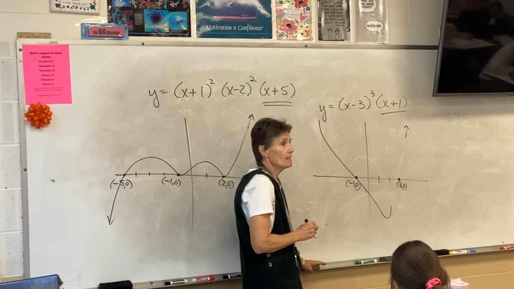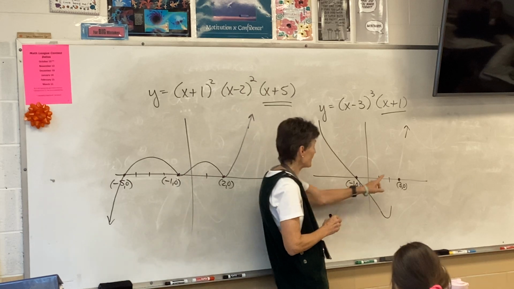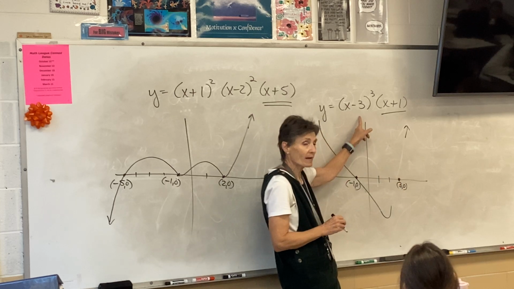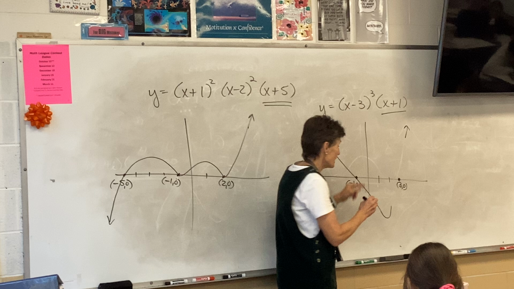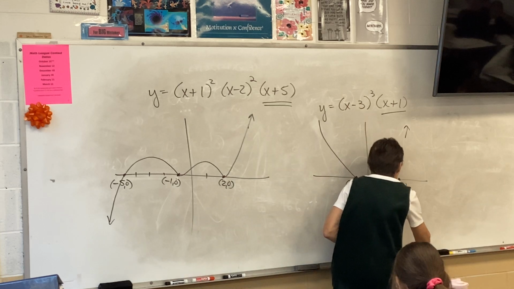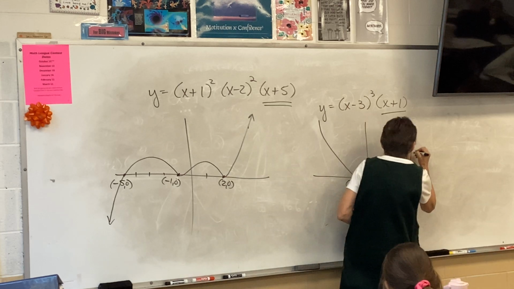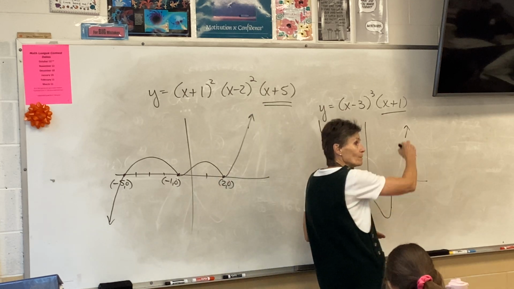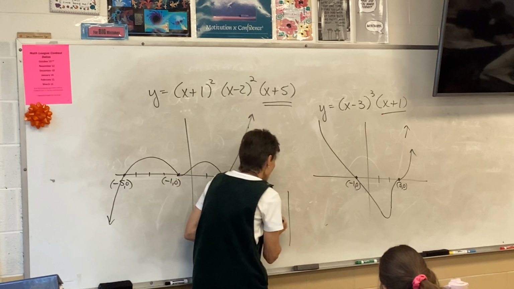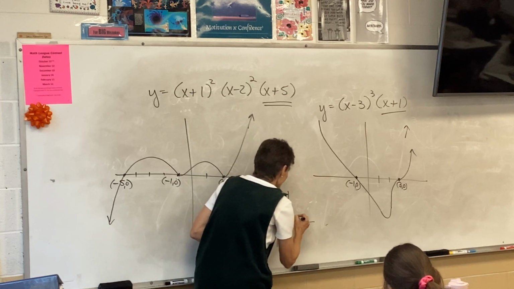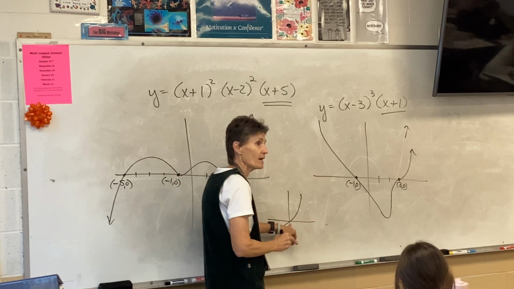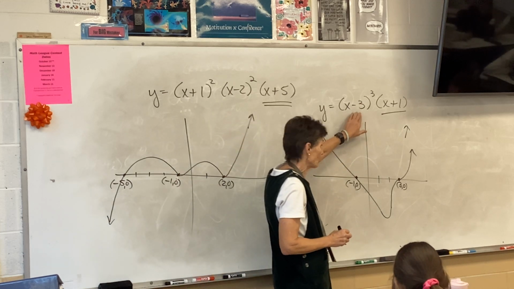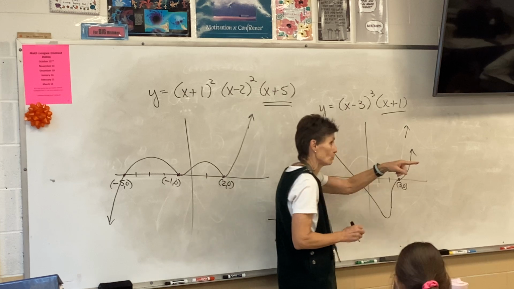Now, when it gets to this, because that factor is cubed, it's gonna behave like a cube. So it isn't going to go straight through, it is going to squiggle through. Remember your cubing function, you guys? Remember how it did a little squiggle there? If you have a cube factor, you're gonna squiggle through that factor.